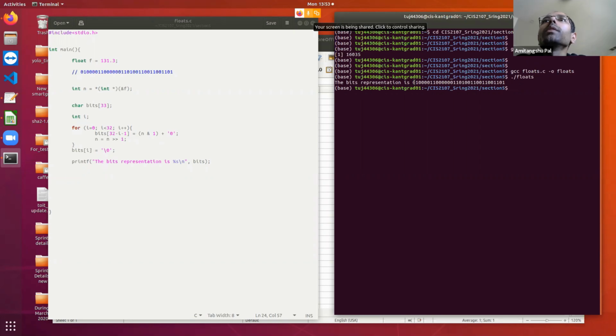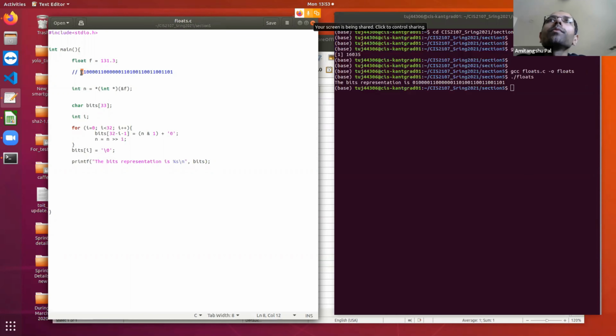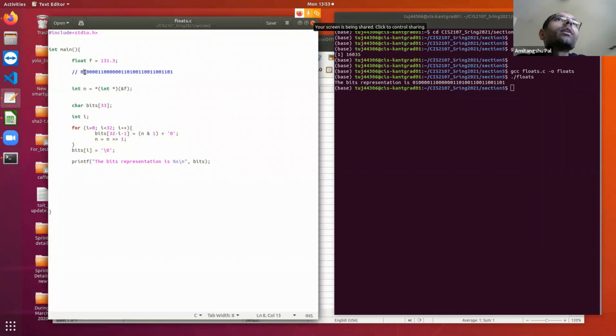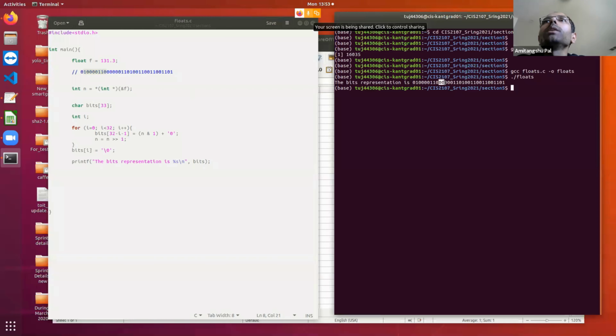Okay, so let's match this with this one. So here the sign bit is 0, sign bit is 0, that's fine. Next 8 bits 1, 0, 0, 0, 0, 1, 1, 0. Here also 1, 0, 0, 0, 0, 1, 1, 0 is the exponent bits, and the remaining bits are the mantissa.